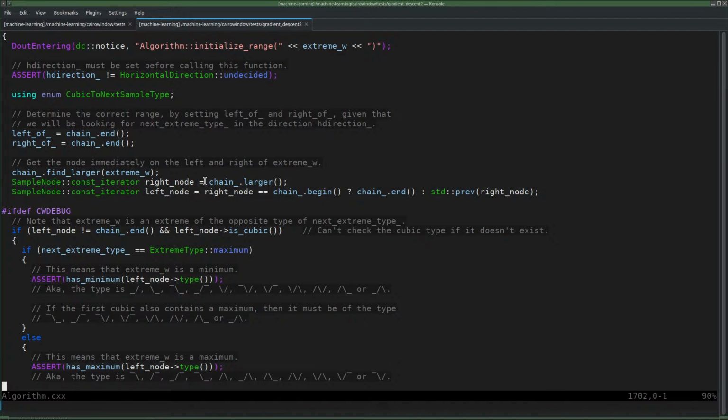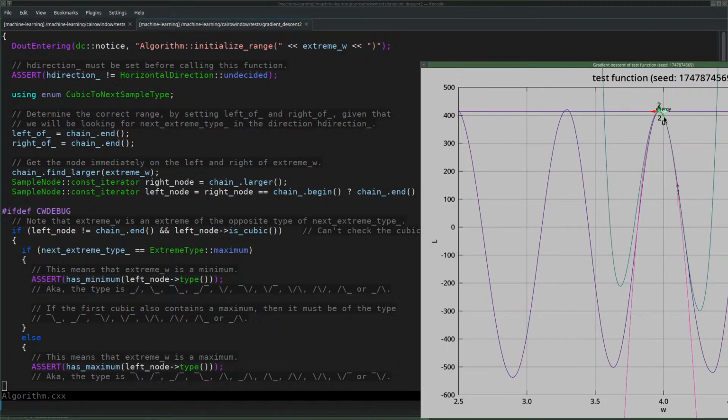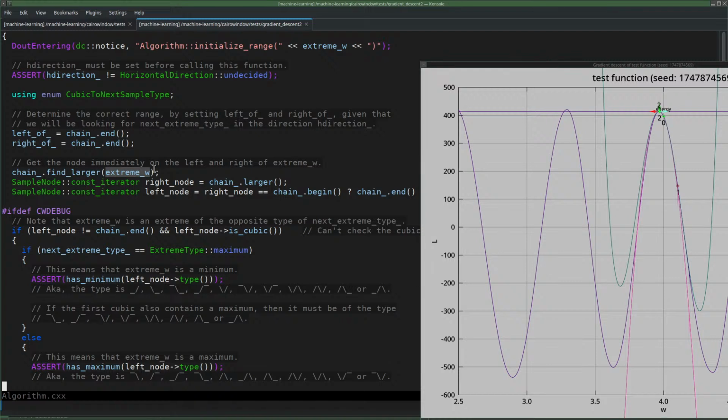My objective is to find, well, this in the title of the video. I'm designing an accelerated gradient descent algorithm. My objective is depending on the time scale. So my objective of today is to fix this bug. Right now this chain larger should be 0. Zero is at 4, and we've searched for extreme W, which is really a little bit smaller than 4.